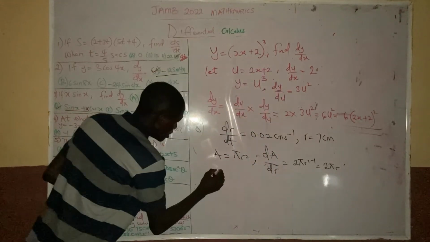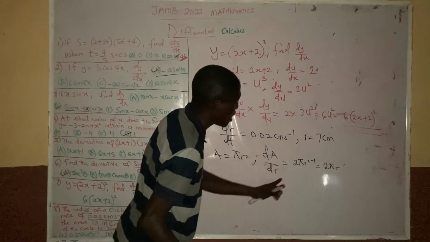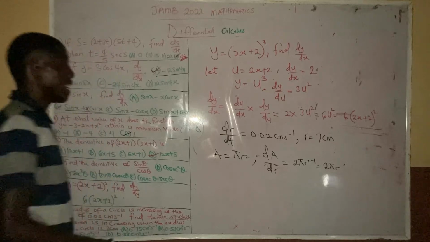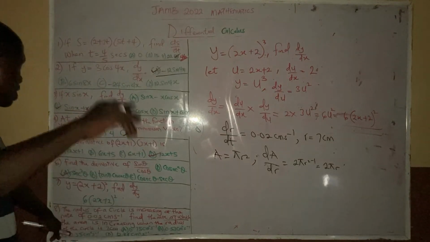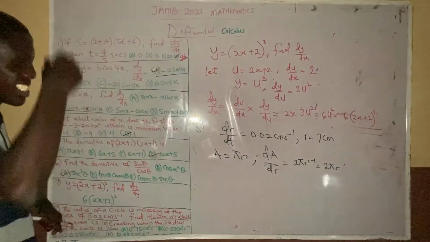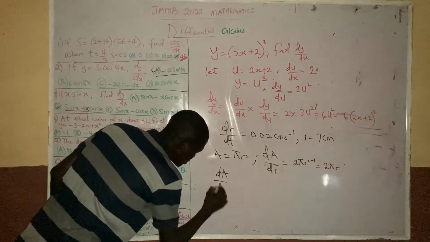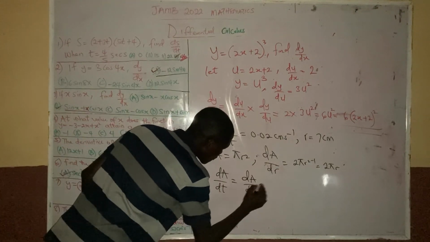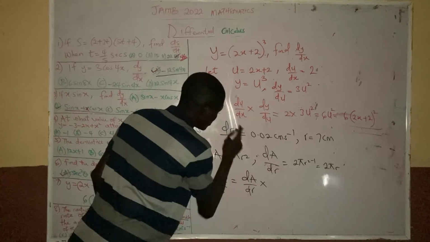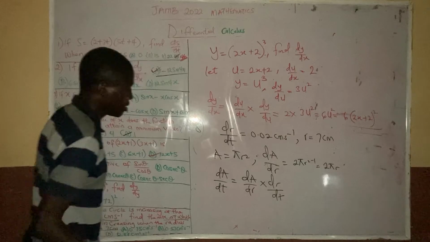So dA/dr is equal to 2 pi r. Now that is the rate at which the area changes with time. So dA/dt will be equal to dA/dr multiplied by dr/dt.